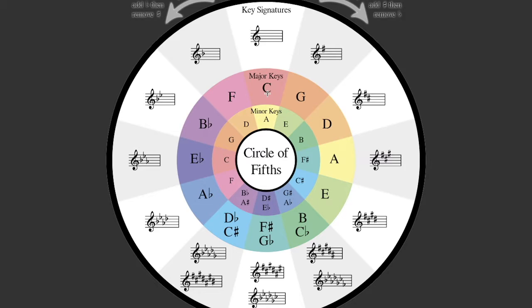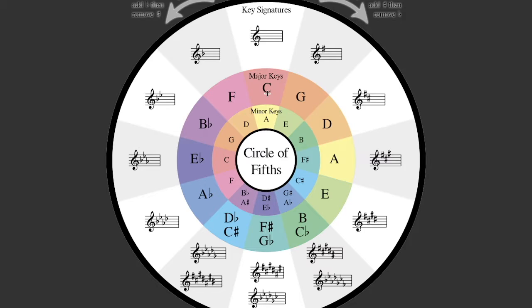So what we're going to do is a little exercise that is going to take us through the entire circle of fifths. You'll find it a little challenging at first, but I think once you get the hang of it, it'll be relatively easy.